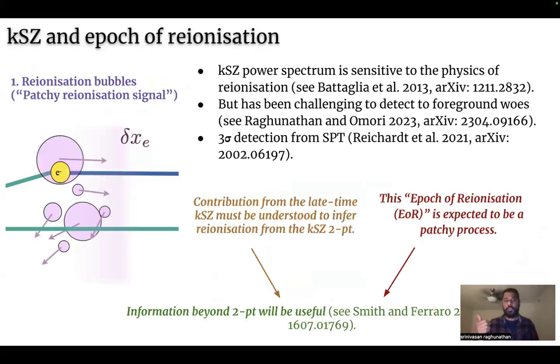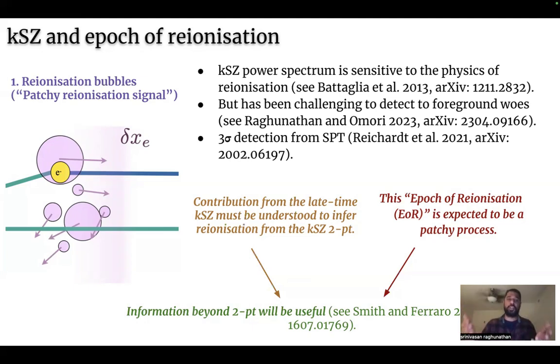So how can you use KSZ? One of the easiest things to do would be to just compute the power spectrum of the KSZ. Unfortunately, measuring KSZ is really hard because KSZ is very faint compared to all the other signals that we have in our CMB map. This includes the primary CMB itself, and then we also have signals from dusty galaxies and radio galaxies.